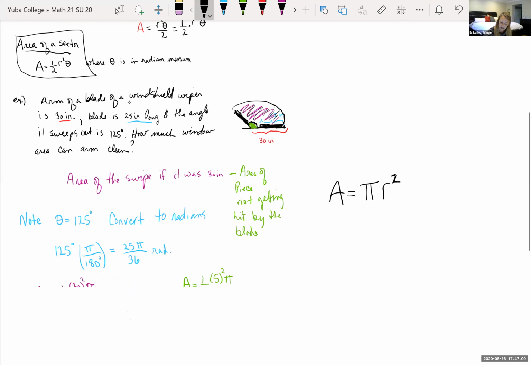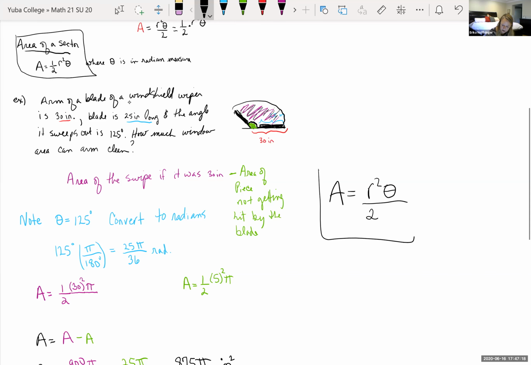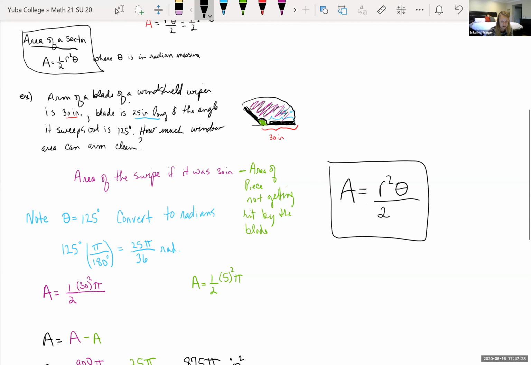Area is 1/2 r squared theta. So the 30, and so I'm wrong here, I shouldn't have pi. Instead of pi, I need to put in what I just had up here, what we found to be the radians.